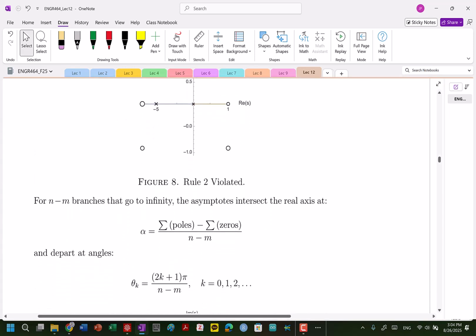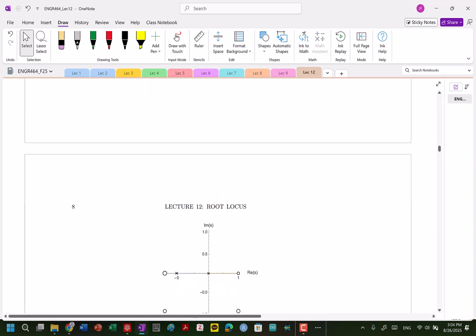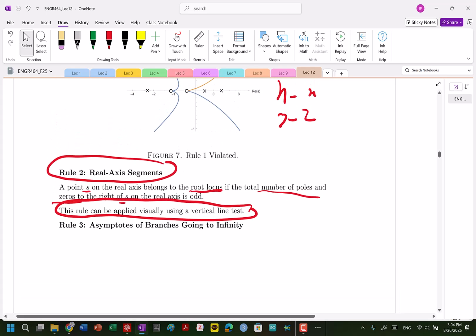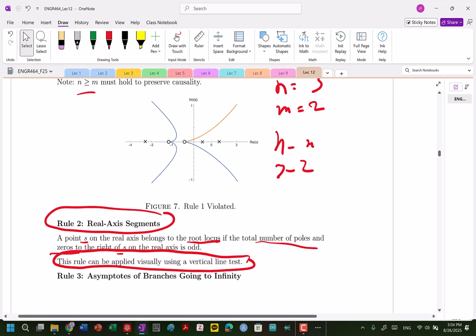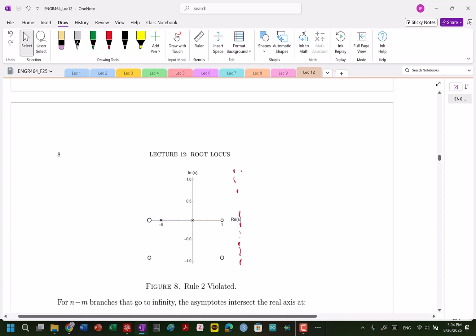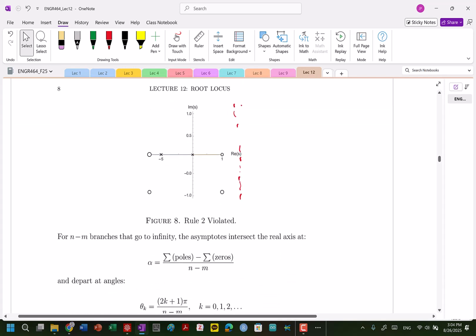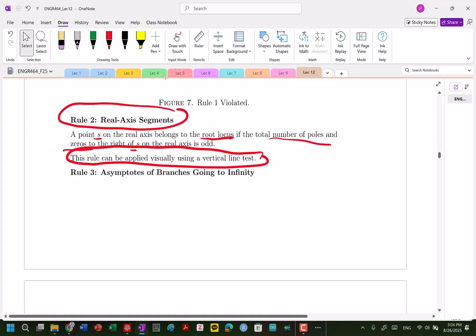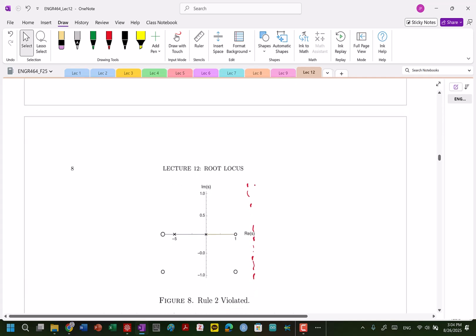Let's visualize that. If we do a vertical line test to the right, we check whether the count is odd. For 0, the count is even, so there's not going to be a point on that real axis.